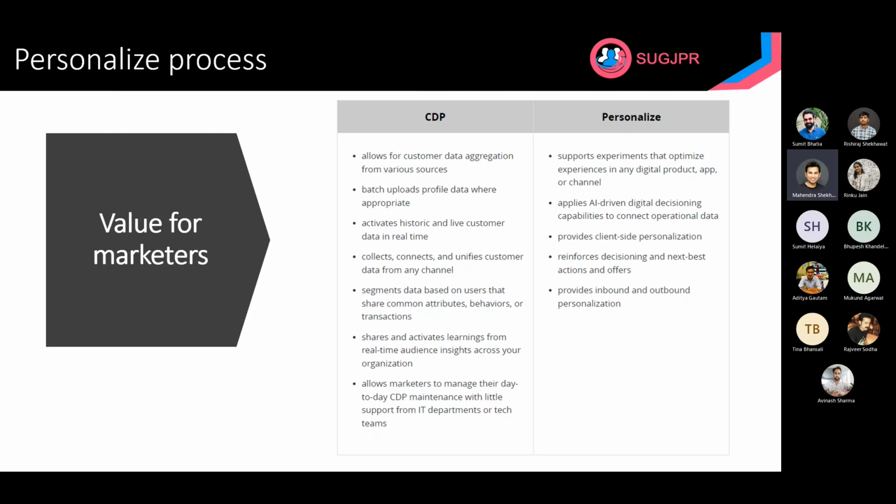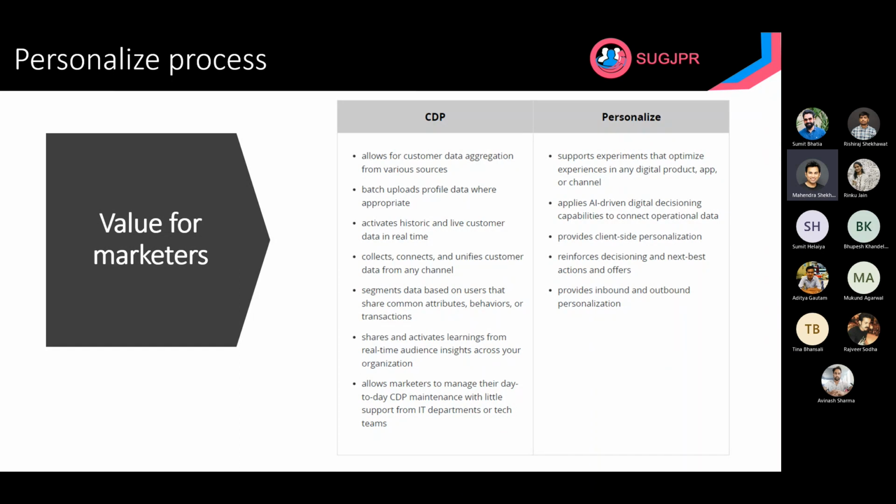For example, if you want to use some kind of AI information from Microsoft, you can do that as well. It provides client-side personalization as well. For example, if you are browsing a website, based on your personalization model or rules, you can show data to your end user on the client side.